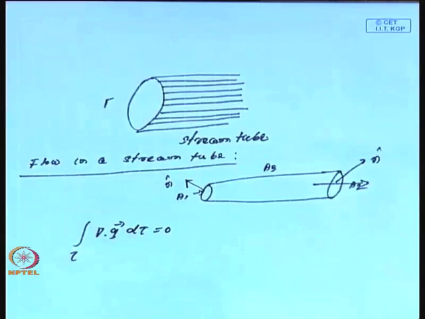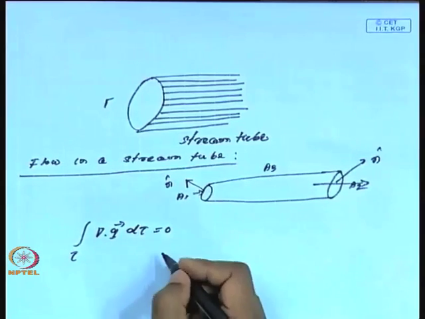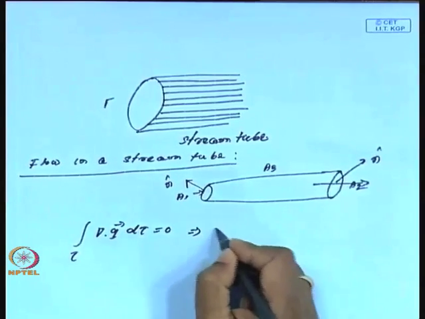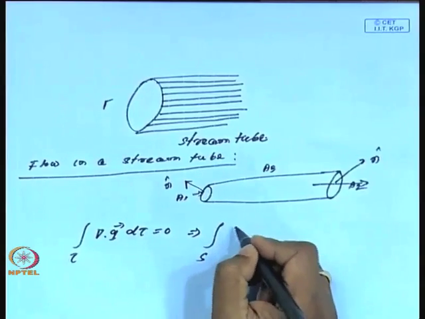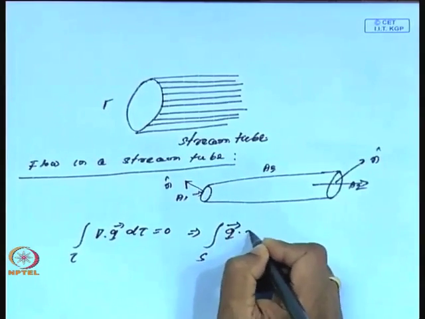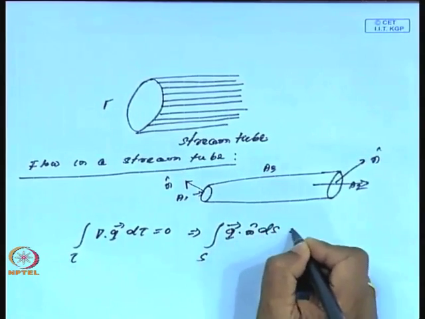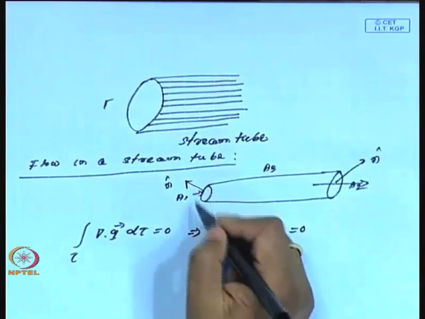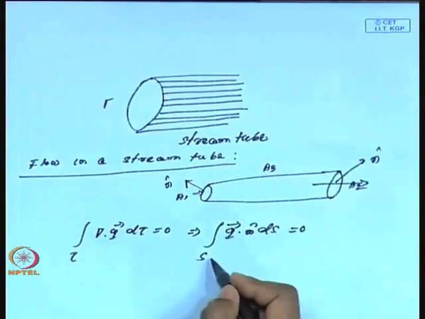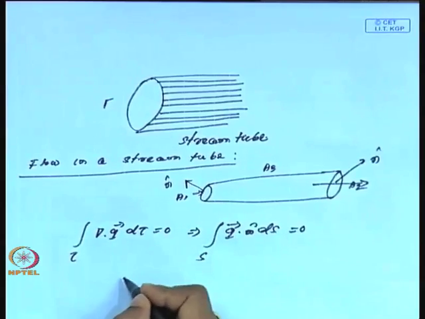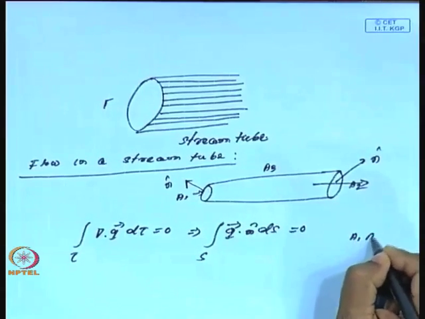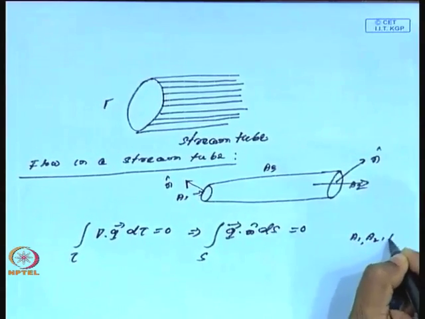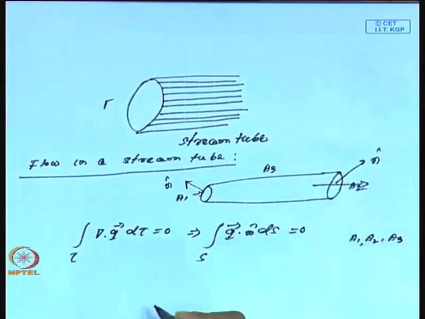We have seen this in the case of the continuity equation. Which is the same as the integral over the surface of q bar dot n hat dS being 0. Now, we have three surfaces, A1, A2 and A3.